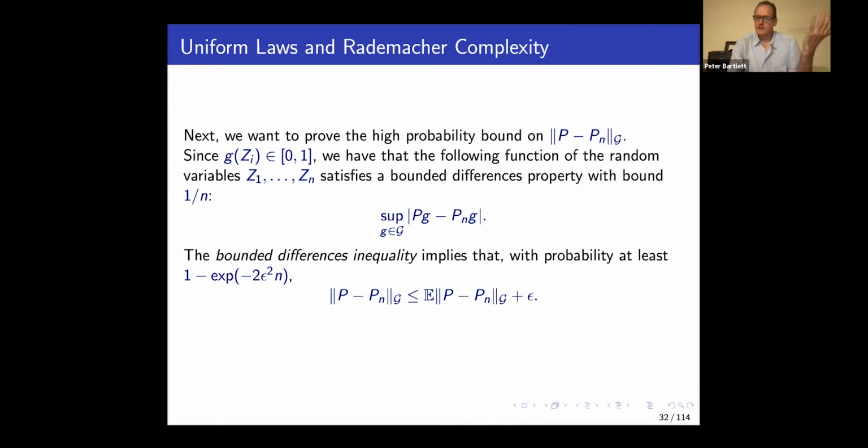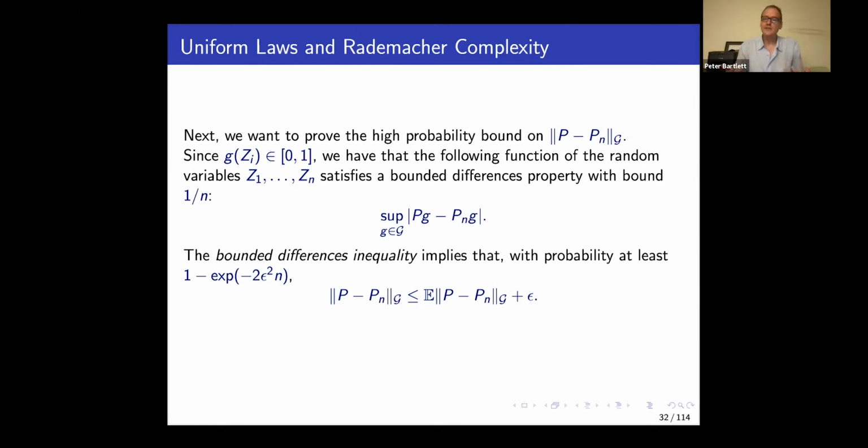So that was the bound in terms of the expectation, the relationship between the expected supremum and the Rademacher complexity. The other part was a concentration part that says that these deviations are always, with high probability, very close to their expectation. There's a whole lot of work on concentration inequalities.